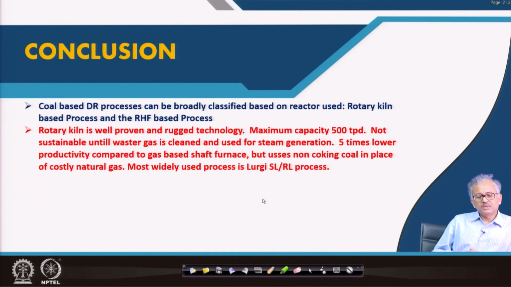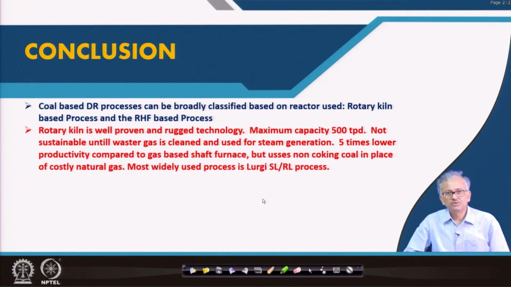As I said, rotary kiln is well proven and very rugged technology, but its capacity is 500 tons per day. So, if you want to produce more, you have to use a number of multiples of such reactors, and then you can produce more.